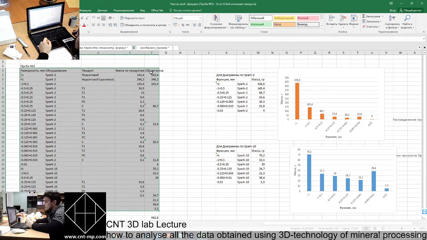That's why we are talking about 3D technology. From one sample we receive a lot of samples, and when we study them, we study the whole amount of that sample.